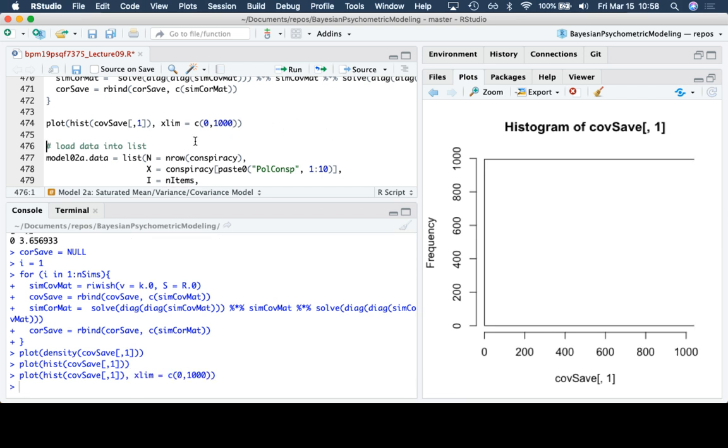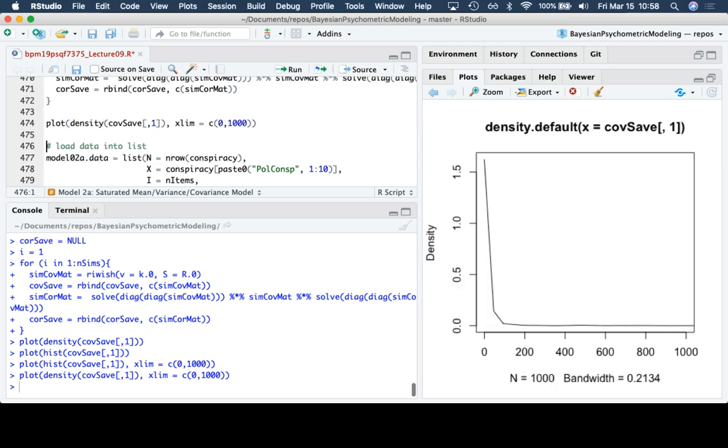There we go. There's a histogram. No, let's do this. Okay, so we have a pile of values that are really small, but that's what we would expect for a covariance, this type of covariance, because it's bounded. But then it could be very big, and it's not very likely it's very big, but just by chance, it drew a very big number for us.